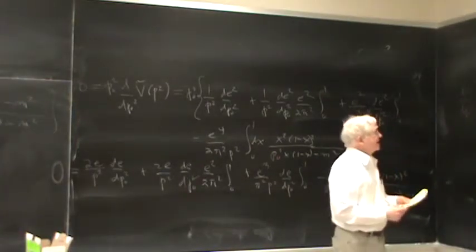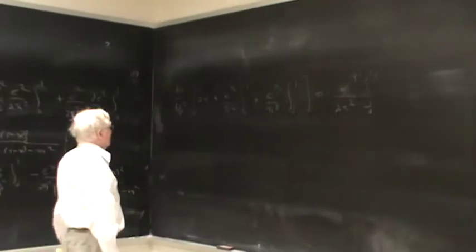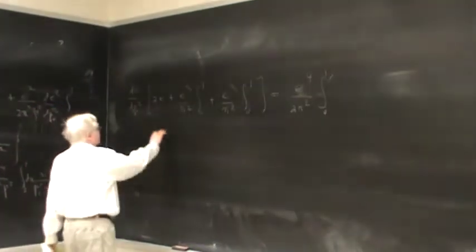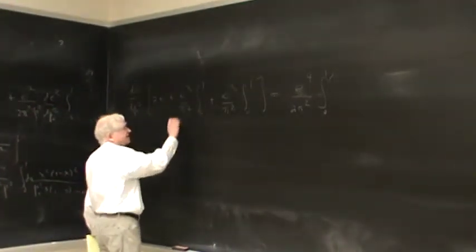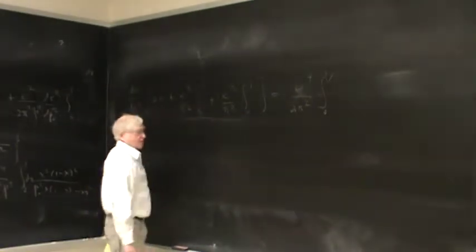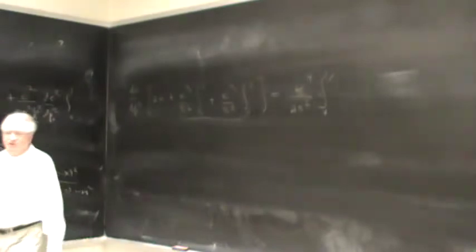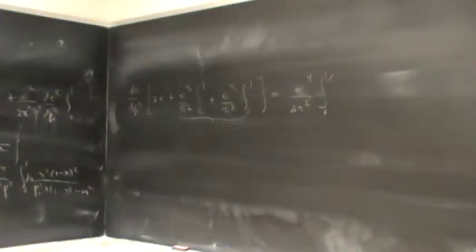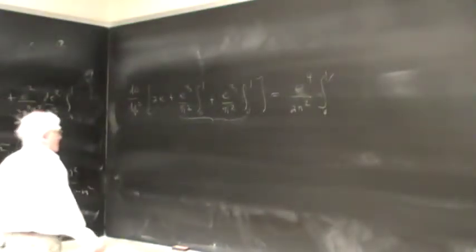All right. Now, if we look at this, we say this is e cubed. So we're going to forget these things unless we're doing a higher order calculation.